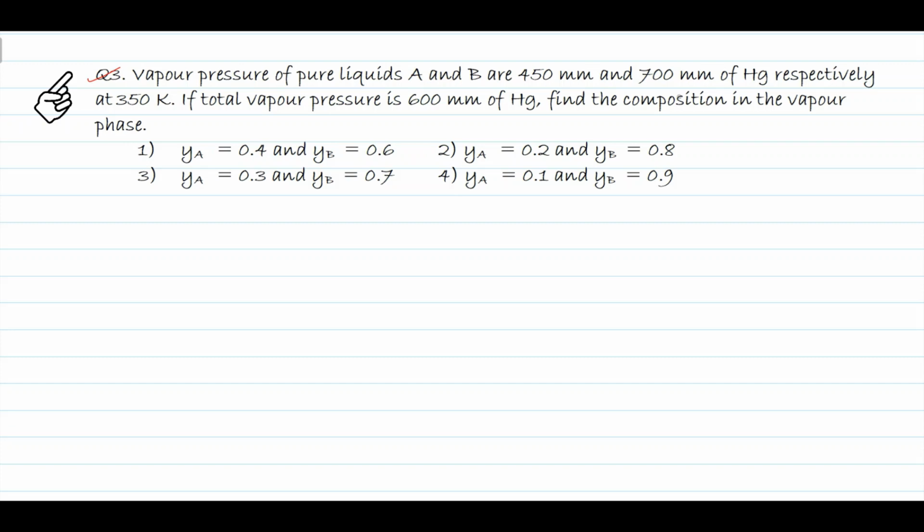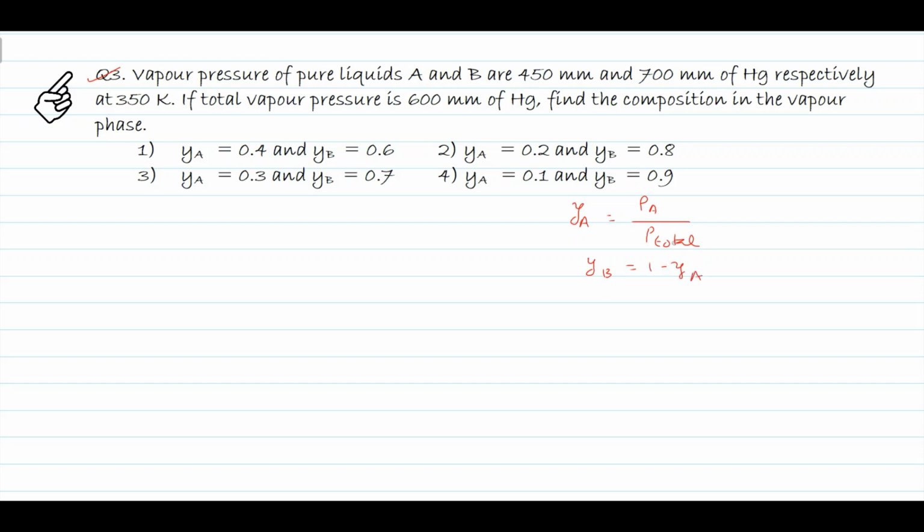So they are asking for the composition in the vapor phase, which means the mole fractions of A and B in the vapor phase, that is Ya and Yb. Ya is equal to the partial pressure of A by total pressure. Yb equals 1 minus Ya.